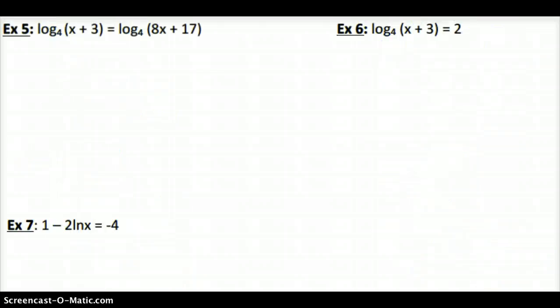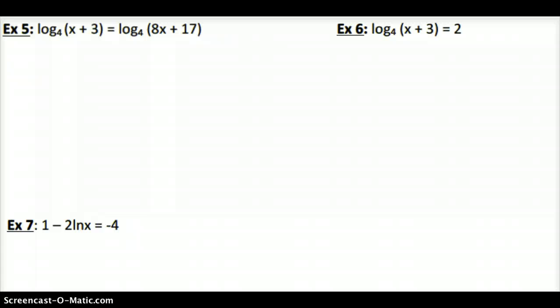Now, solving these log equations, a little bit different strategy. We'll just go through these 3 examples. Similar to our first example, example 5, I have a same log on both sides, log base 4.